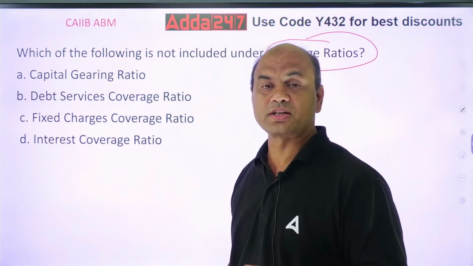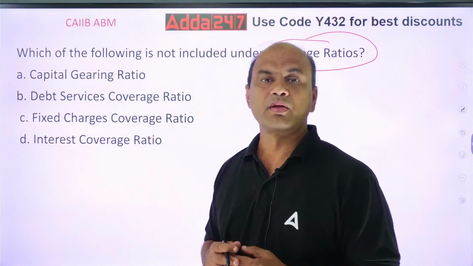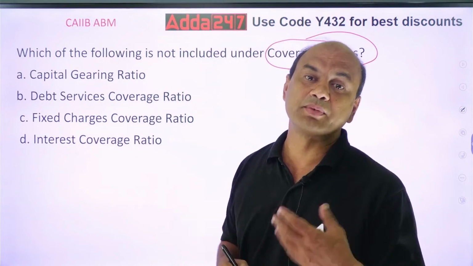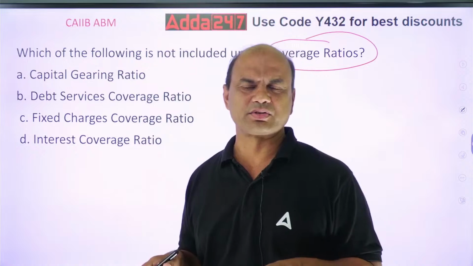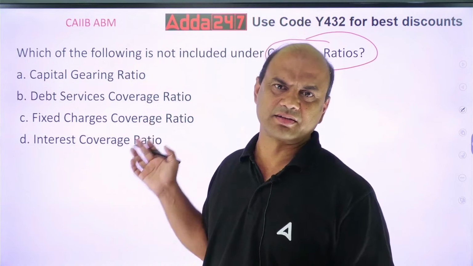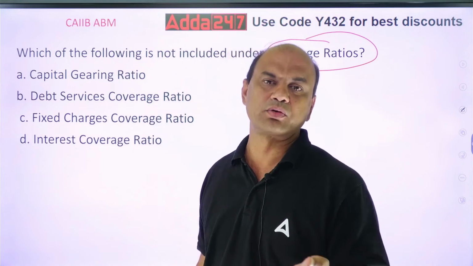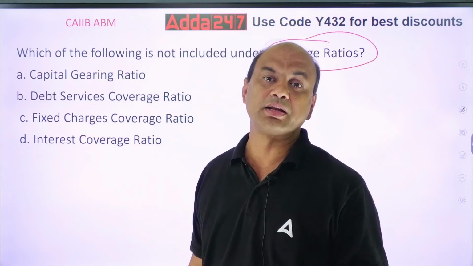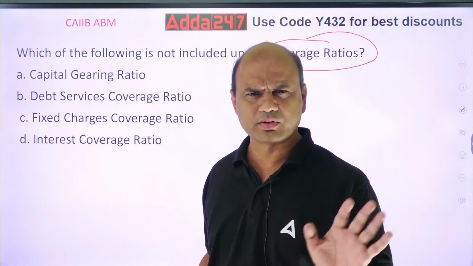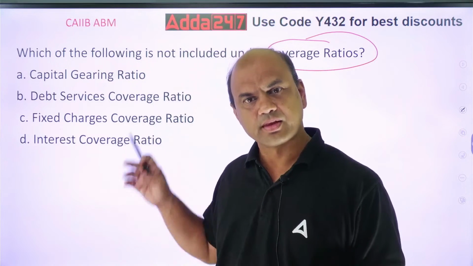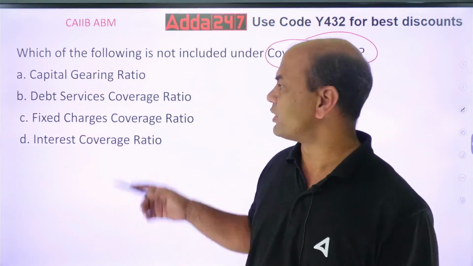Now what is coverage ratio? Coverage means which can cover my EMI. There are various coverage ratios. First one is DSCR, debt service coverage ratio, means whether that customer will be able to repay my installment in the next year. Only next year. What is ICR?